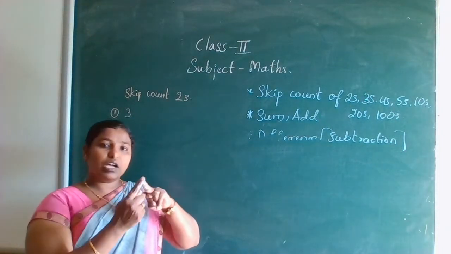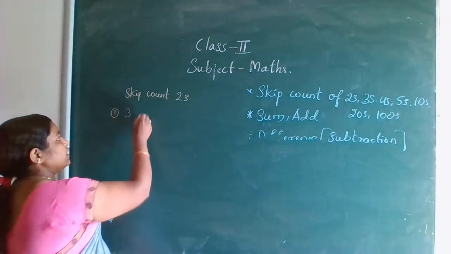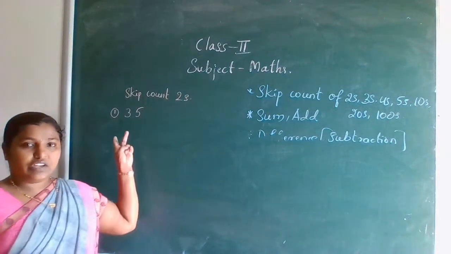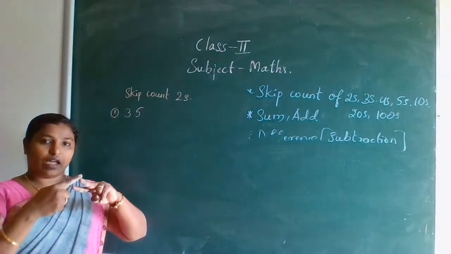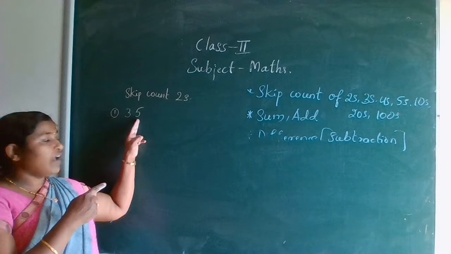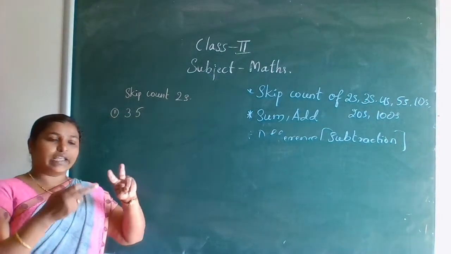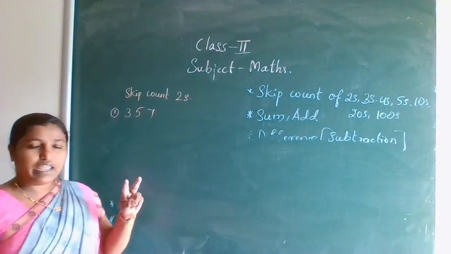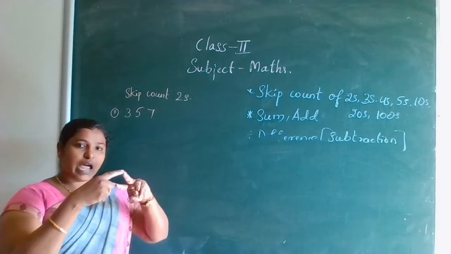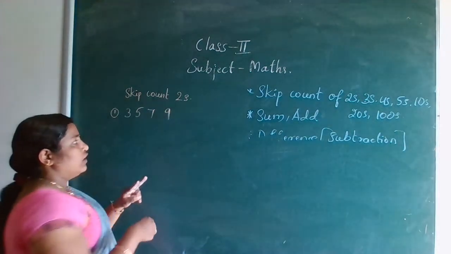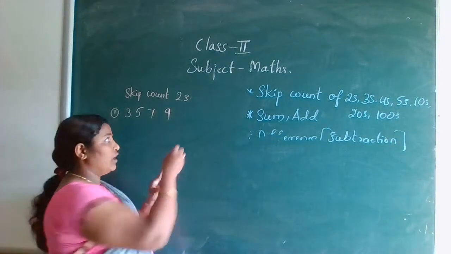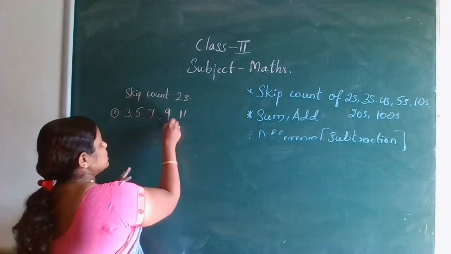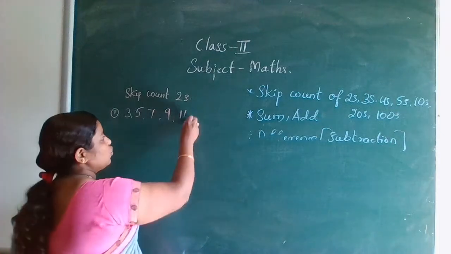So the second finger, what is the number that you should write? 5. Next, 5 has come, leave 5, count next. 6, 7. So 7. Next 8, 9. Then 10, 11. So this is skip count 2s.